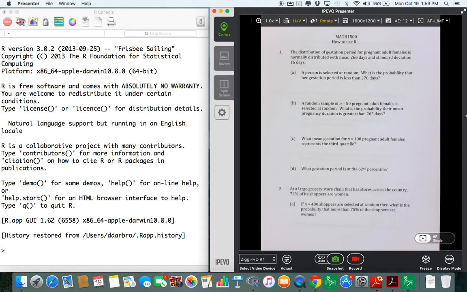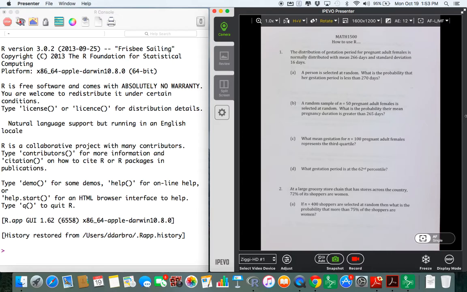So we're going to work problems here with the normal distribution and the central limit theorem, sampling distributions. So gang, problem number 1 says the distribution of gestation period for pregnant adult females is normally distributed, mean 266, standard deviation 16.